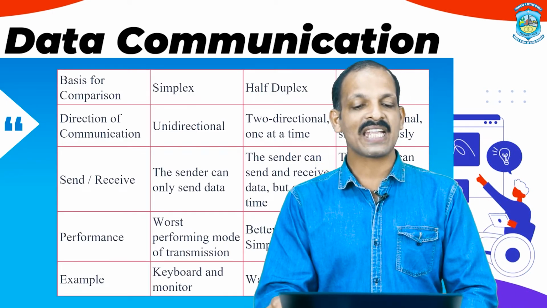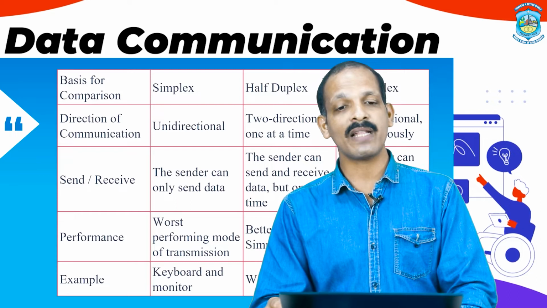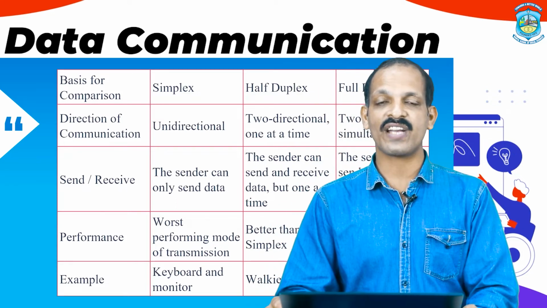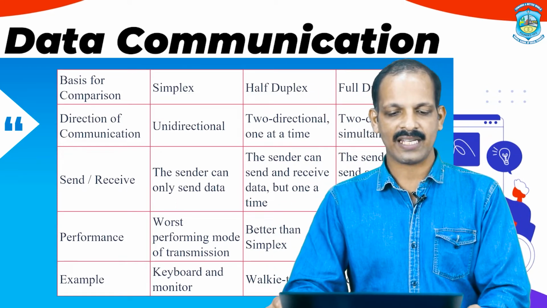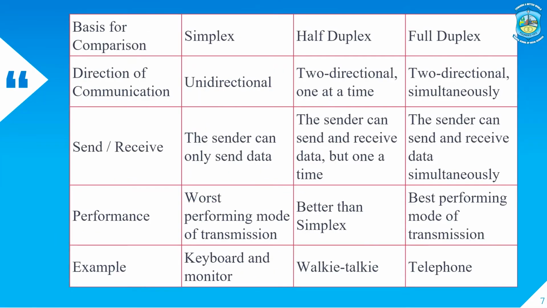Now we can compare these communication methods with respect to different factors. The first factor is direction of communication. Simplex is unidirectional, half duplex is two-directional, and full duplex is two-directional simultaneously.